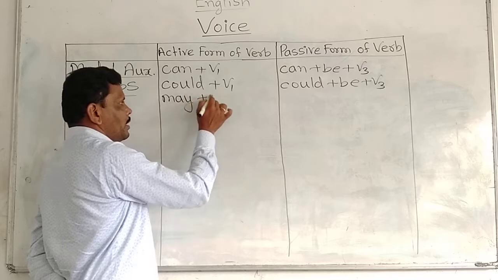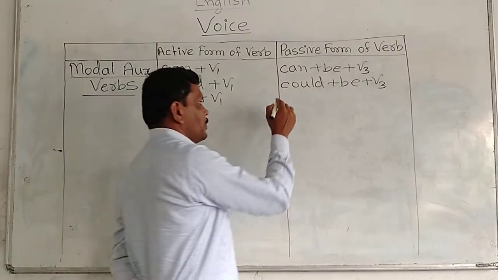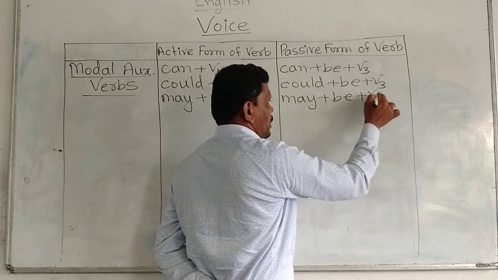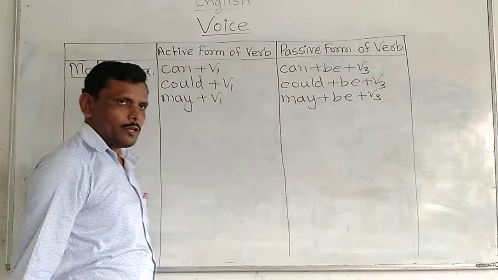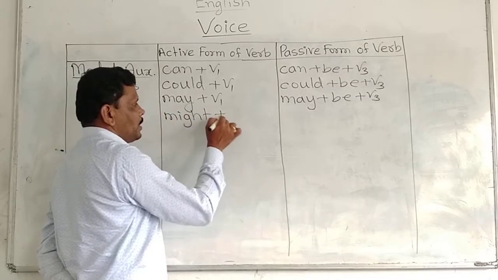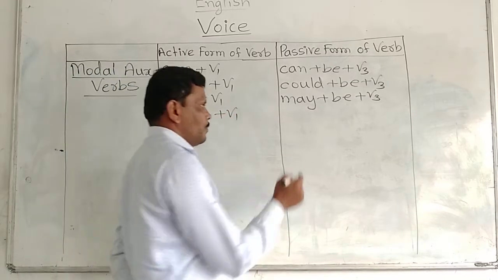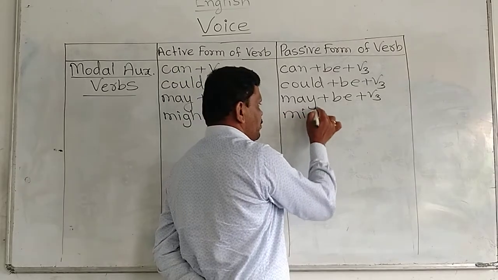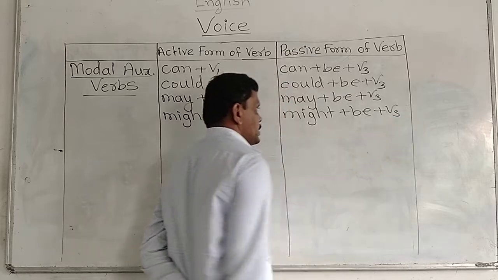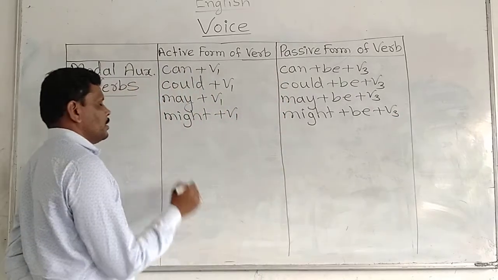May plus V1 active form, may plus be plus V3 passive form. Might plus V1 is active form of verb, might plus be plus V3 is passive form.